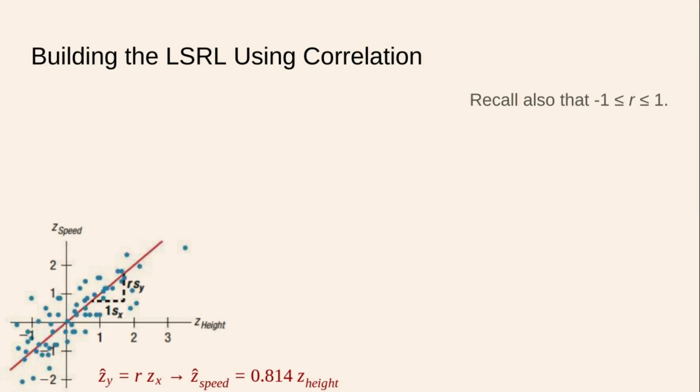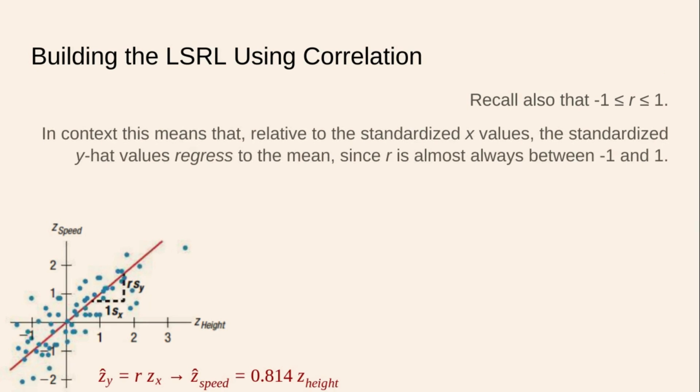So, just to finish setting the table, you'll also remember that r is between -1 and 1. -1 being the answer marching one by one down and to the right. 1 meaning the answer marching one by one up and to the right.